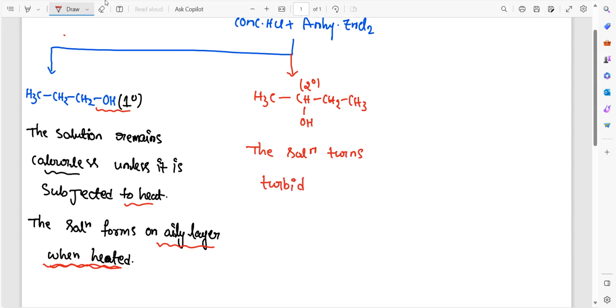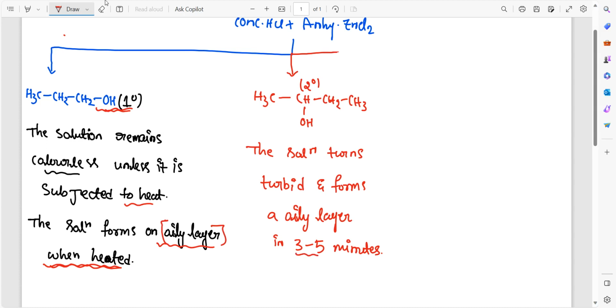The solution turns turbid and forms an oily layer in 3 to 5 minutes. We have to observe the comparison: with primary alcohol, it forms an oily layer only when subjected to heat, but in secondary alcohols, it forms the oily layer within 3 to 5 minutes.